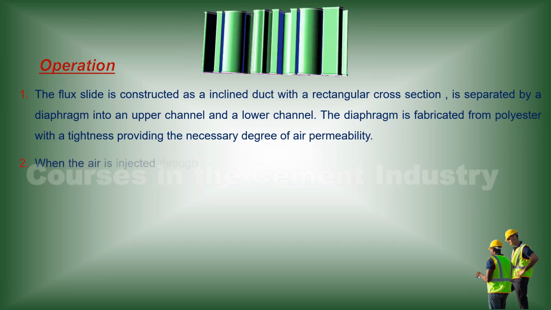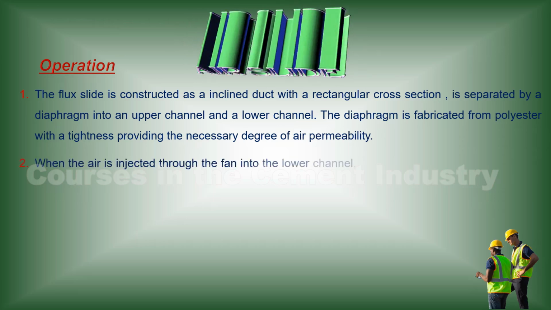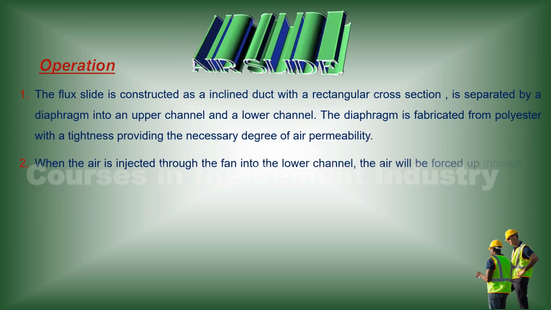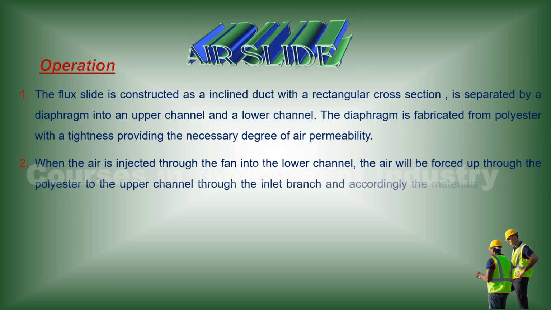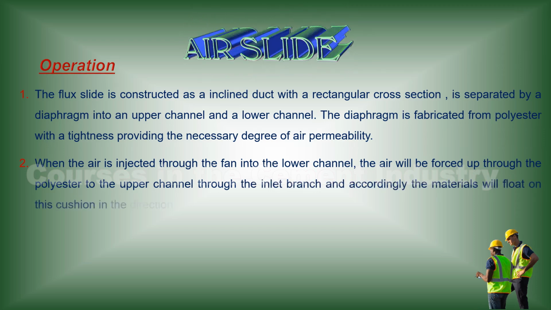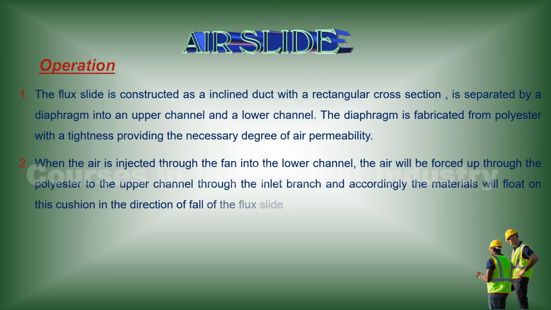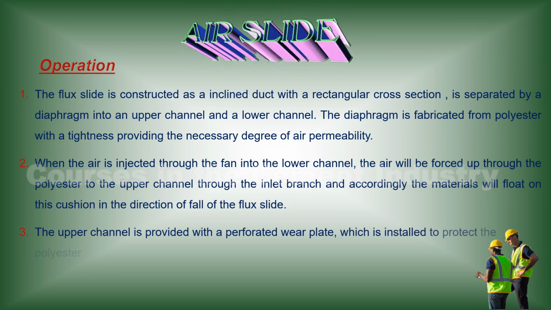When the air is injected through the fan into the lower channel, the air will be forced up through the polyester to the upper channel through the inlet branch, and accordingly the materials will float on this cushion, in the direction of fall of the air slide. 3. The upper channel is provided with a perforated wear plate, which is installed to protect the polyester.